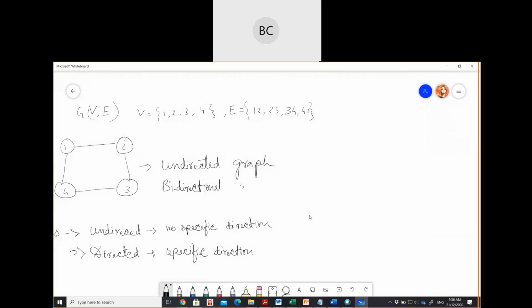Okay, I'm drawing another graph here. So this is your directed graph.